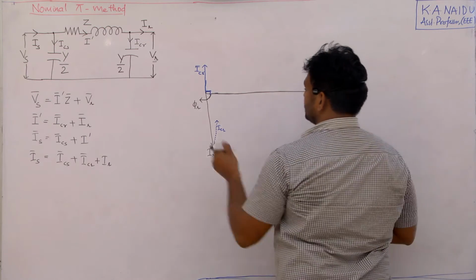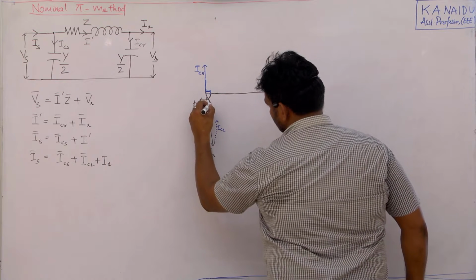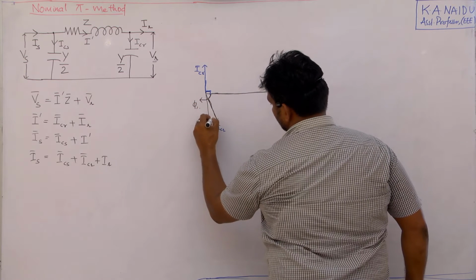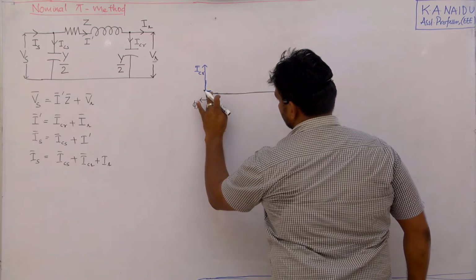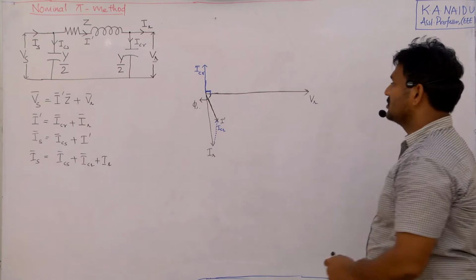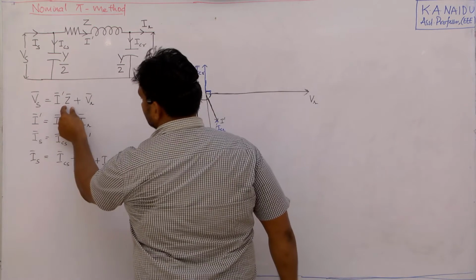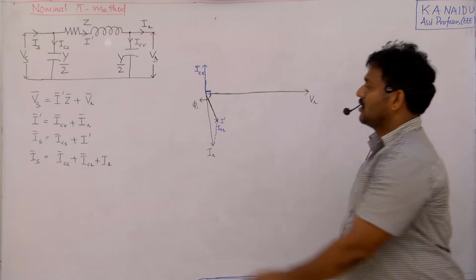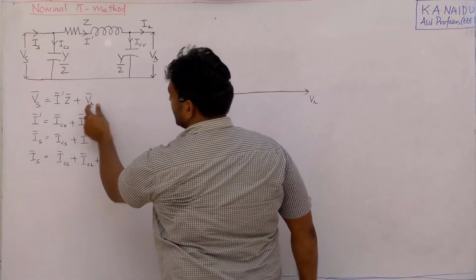So this is the current I dash. Okay. Now I dash into Z plus VR will give Vs. So from this equation, Vs is nothing but I dash into Z plus VR.